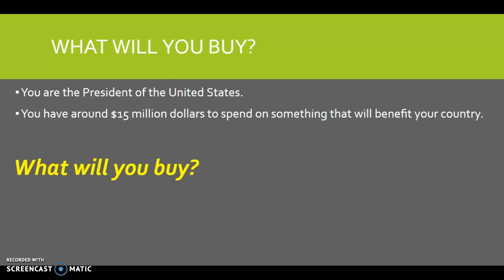And in years past, I've had kids say that they would buy things like military defense to defend our territory. They might buy land that they give away to others so that they can grow crops and develop the land, all sorts of things that they come up with for what they would do with that land.